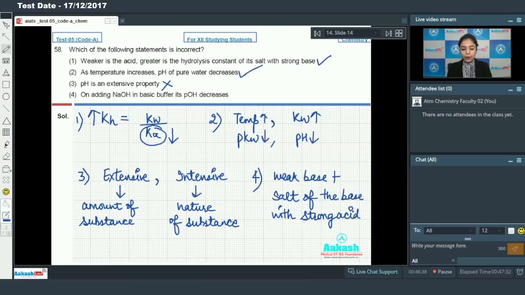And if we are adding NaOH in the solution, it means we are increasing the OH minus concentration in the buffer solution. And if the OH minus concentration is increasing, the value of pOH will decrease. So this statement is also correct. So the only incorrect statement is option number 3. So let's move on to the next one.